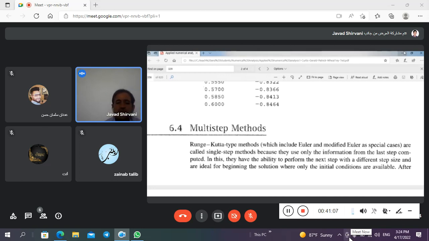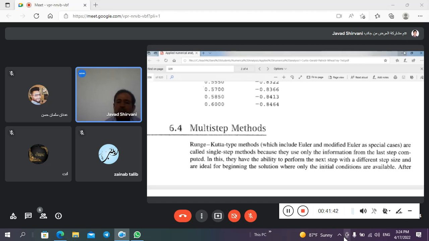Step after step, we compute the value of y depending completely on the last step, and obviously it uses less information from the steps before, and maybe the step after that.